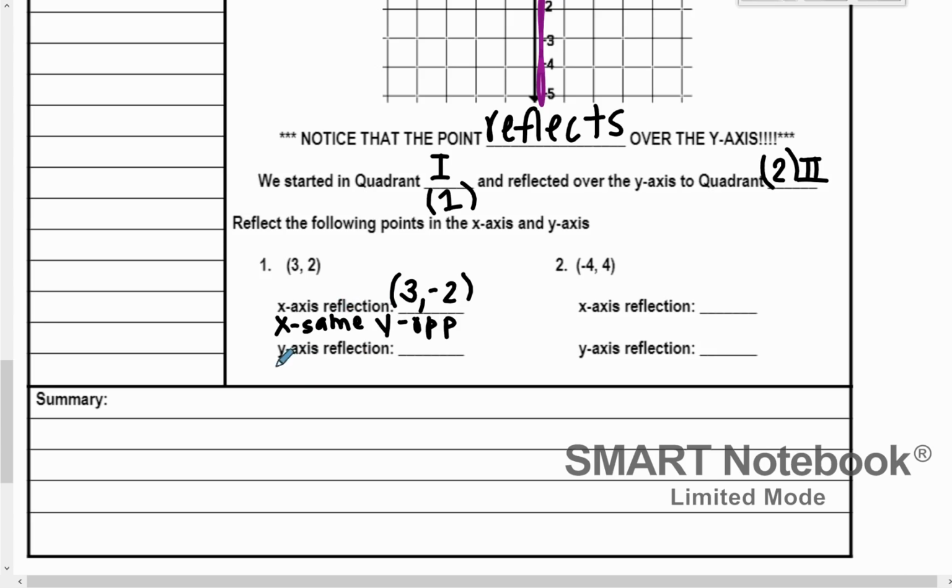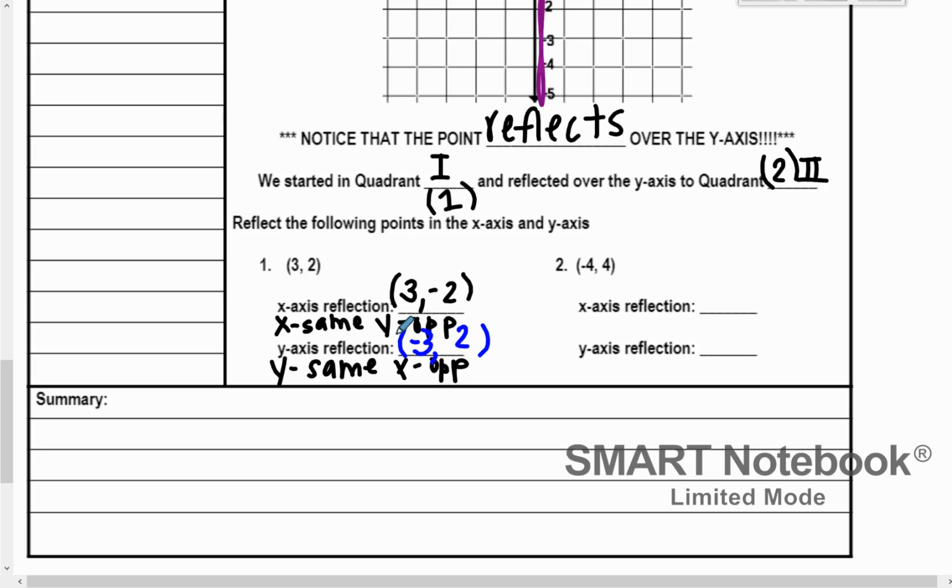Over the y-axis, the y stays the same. The x is the opposite. We always have to give it in a list of x comma y. So our y stays the same. Y is 2, so our y stays the same. Our x, we take the opposite, so the opposite of 3 is negative 3.